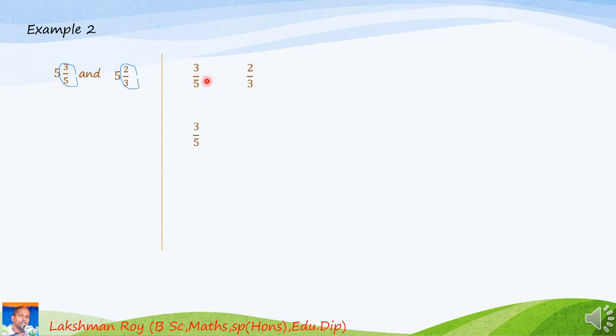So 3 fifths should be multiplied by 3, numerator and denominator by the same number. And 2 thirds should be multiplied by 5. Now multiply and write here: 3 into 3 is 9, denominator 5 into 3 is 15. Here 2 multiplied by 5 is 10, 3 into 5 is 15.